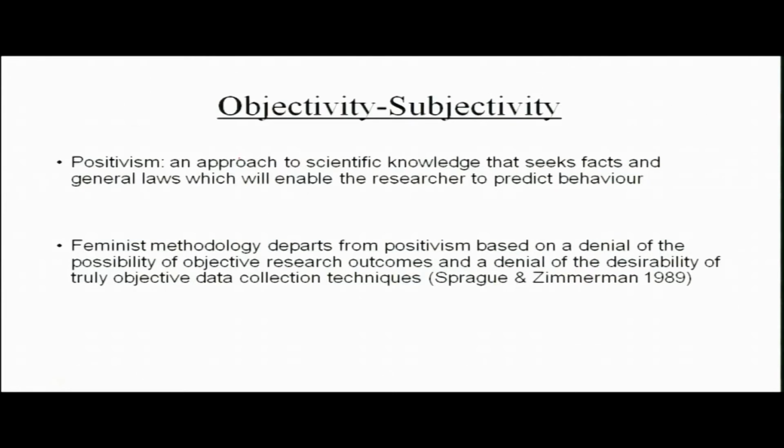However, historically, as you have seen, the journey of gender as a concept, as a process, from a purely biological understanding has given rise to several methodological principles which could not be explained purely by the positivism approach.